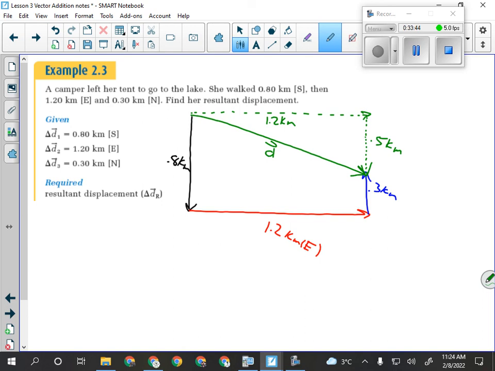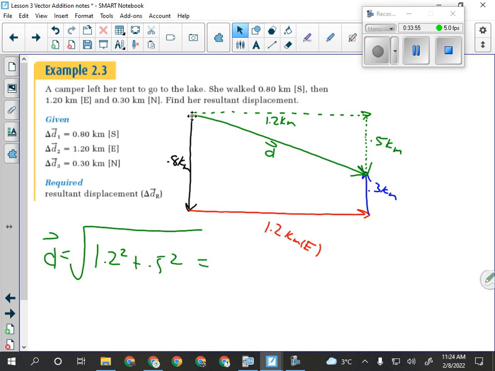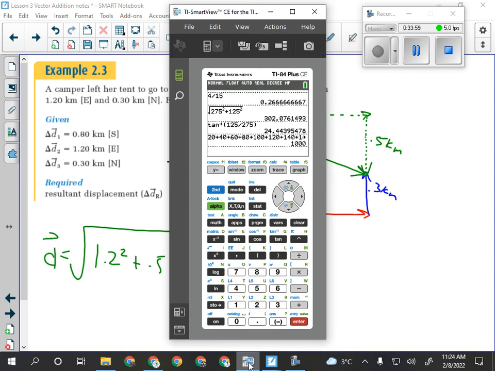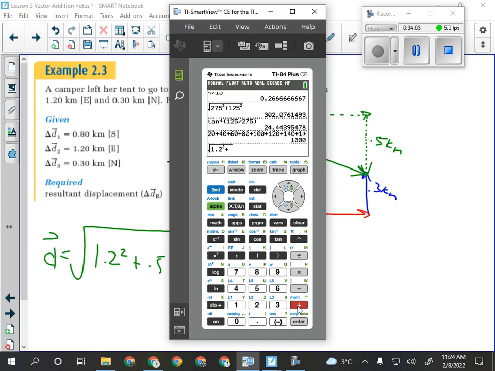So I'm going to go to the Greek geek, and I'm going to have him figure it out for me. 1.2 squared plus 0.5 squared will give me the magnitude, at least, of her total displacement. All right, her total displacement is 1.3 kilometers.